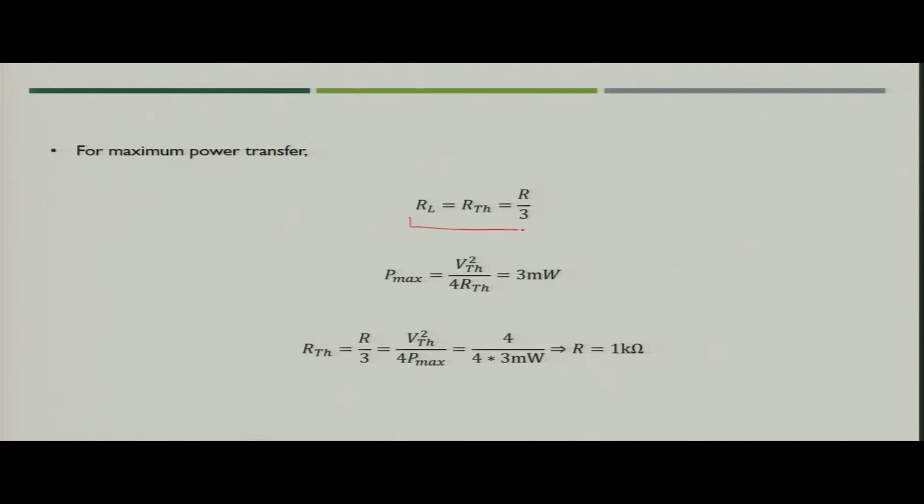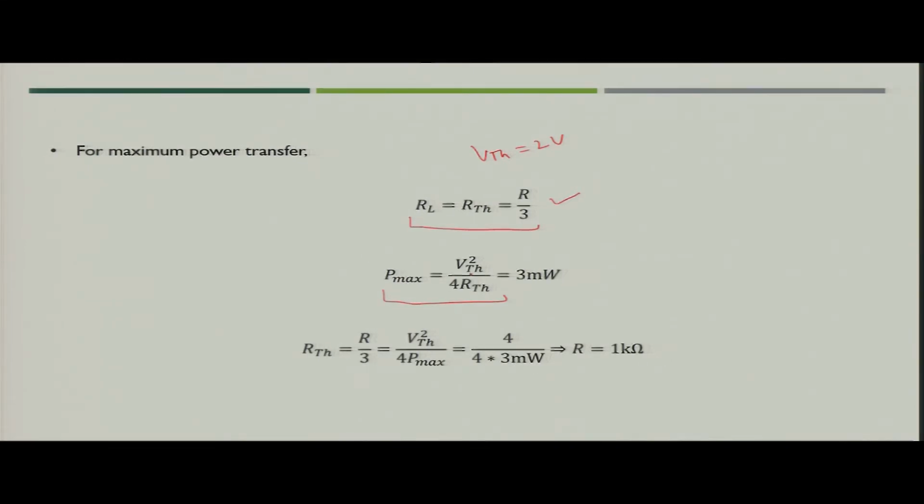So, we have got RTH, that is R by 3, and VTH as 2 volt. So, the maximum power transfer condition is P max is VTH square by 4 RTH, and the maximum power transfer given in the question is 3 milliwatt.